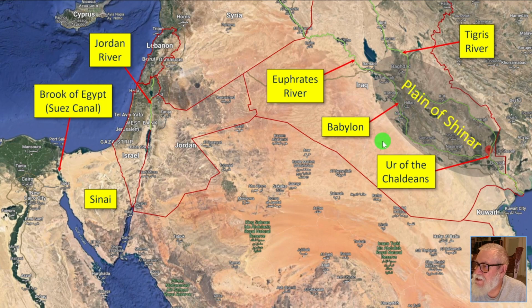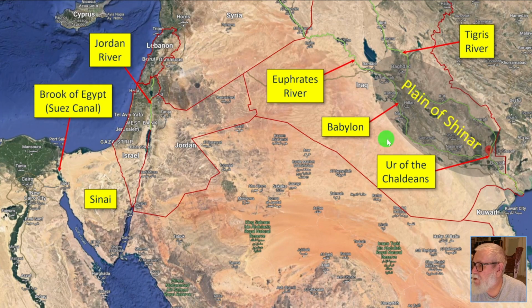And Saddam Hussein, before his unfortunate demise, had rebuilt Babylon as a sort of a tourist attraction, but it hasn't really caught on. Not many tourists go to Iraq. The political situation is just pretty dismal there.